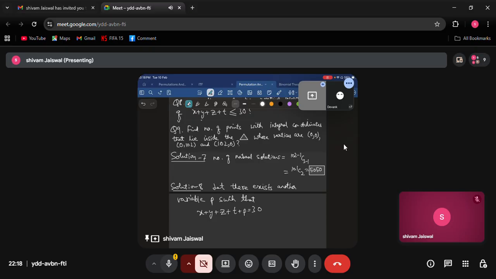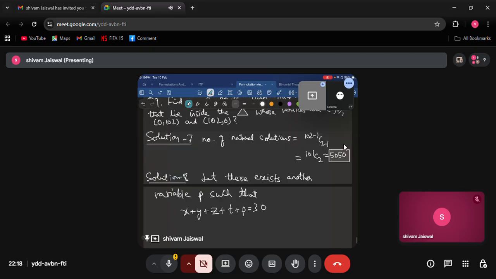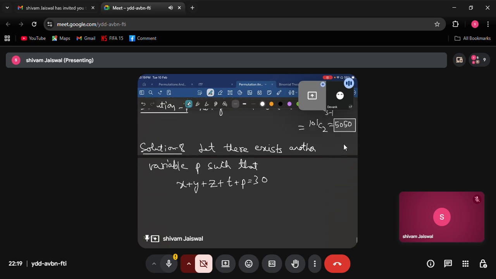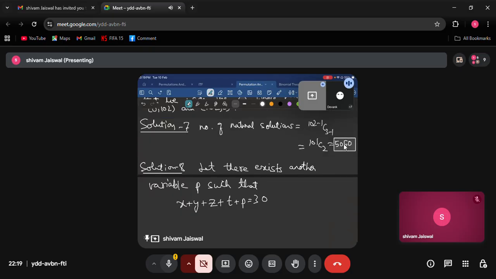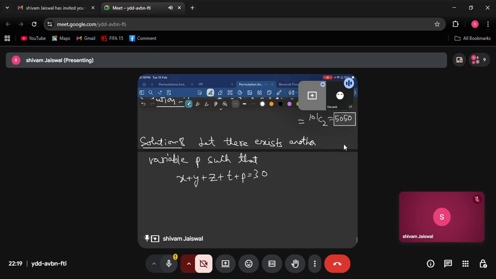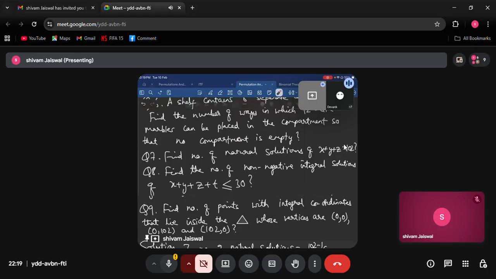Right, tell me. Raktim, are you getting it? Yes, sir. Raktim, Memel, Omnini, are you getting it? If p equals 0, then x plus y plus z plus t is equal to 30. If p equals 1, x plus y plus z plus t is equal to 29, then 28, 27. Right? For different values of p, you are actually getting this inequality.